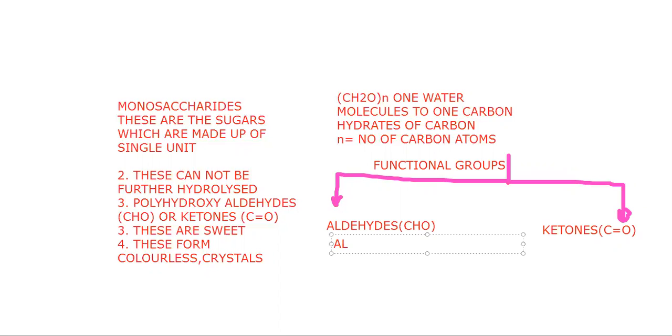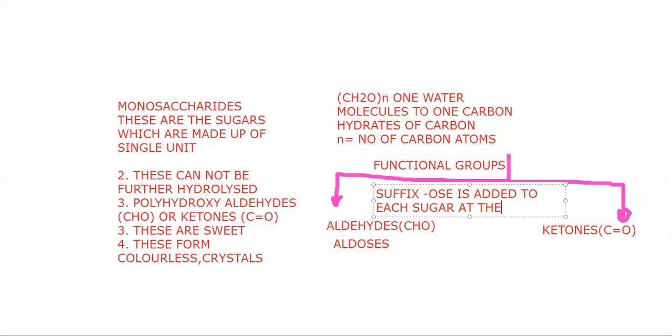Accordingly, those monosaccharides which are aldehydes are called aldoses, because the suffix -ose is added to each sugar at the end, and similarly they can be ketoses, depending upon the functional groups: aldoses and ketoses.